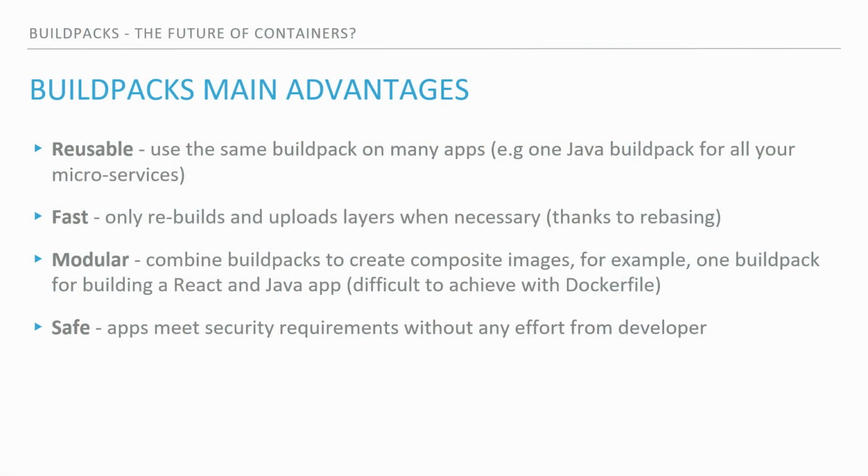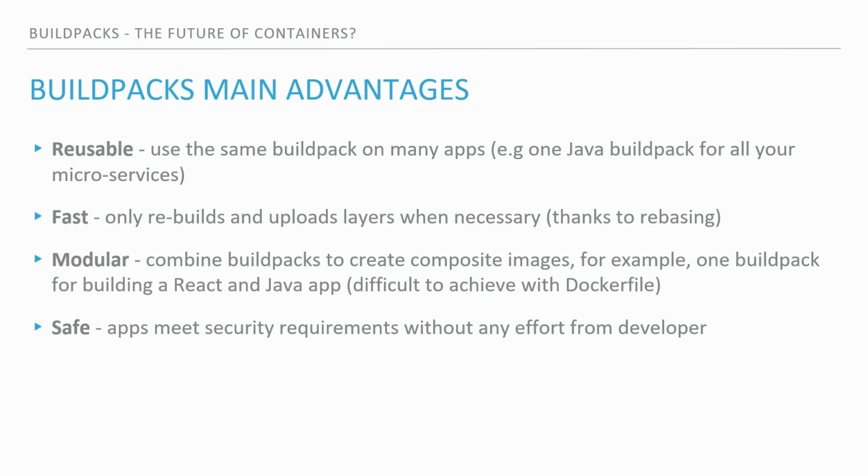The main advantages of this: we have reusability, so you can have one buildpack for all your apps. If you have 20 Java microservices, you just need one buildpack to maintain, and you can use that for all of your builds. As well as that, you have fast builds because you're only building the layers that you actually need. It accomplishes this by rebasing, which we'll cover later on. We can also do modular things.